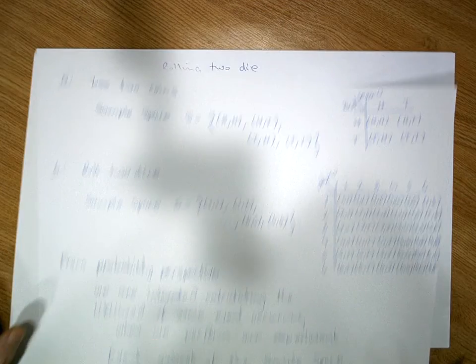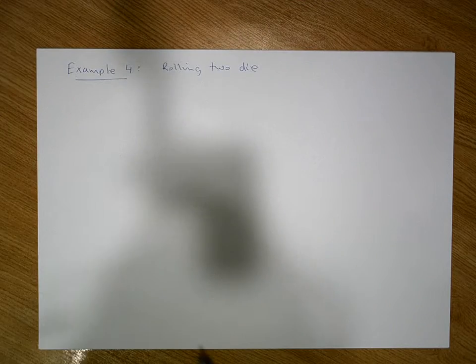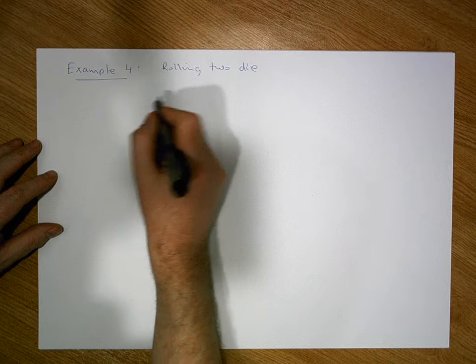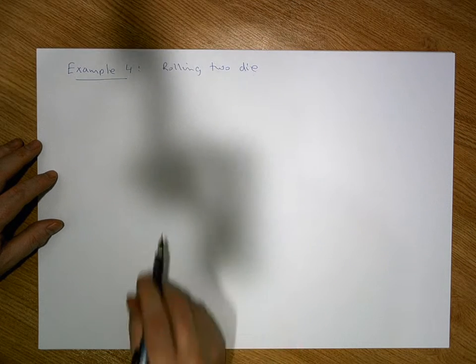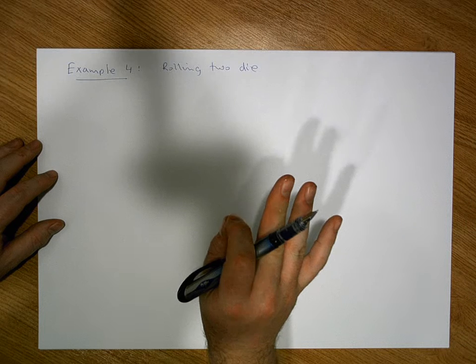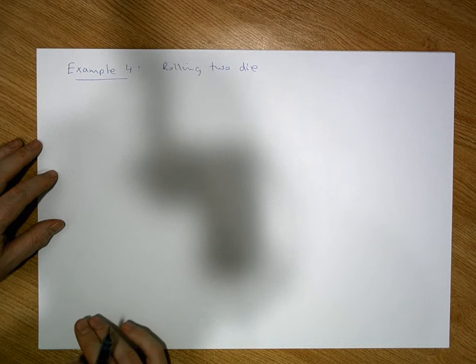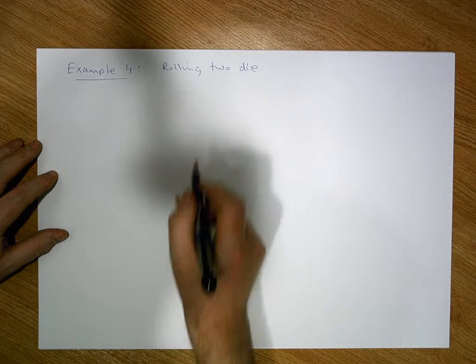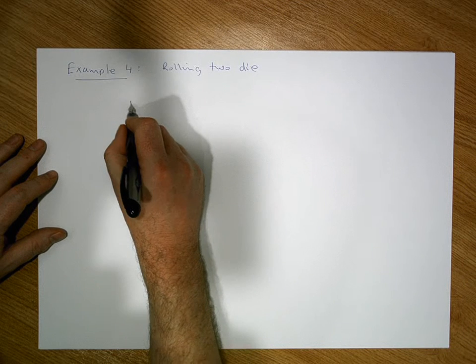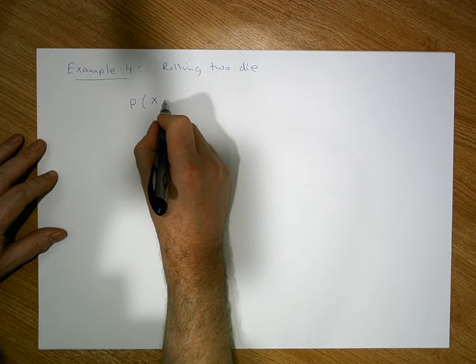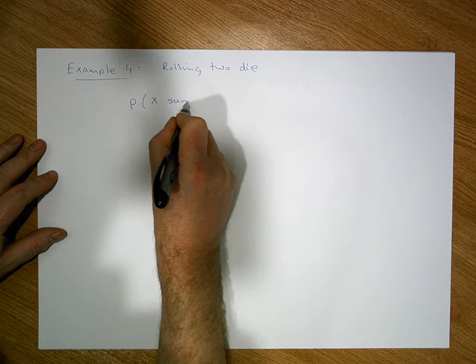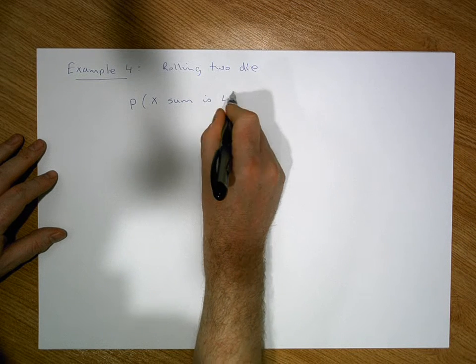So I might be interested in asking, what's the probability that when I roll 2 dice, the sum of the face values shown is equal to, let's say, 4?